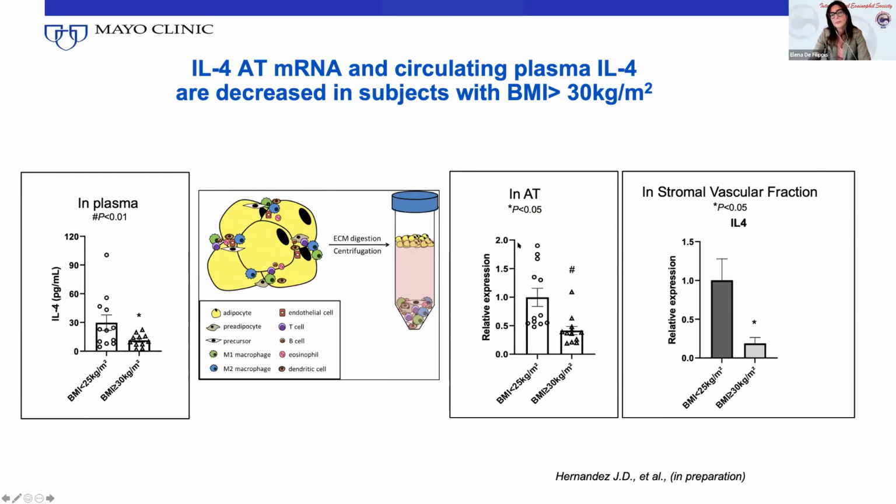And when we looked at mRNA expression in these two fractions, we found a significant decrease in interleukin-4 mRNA expression in both fractions, and above all in the stromal fraction.